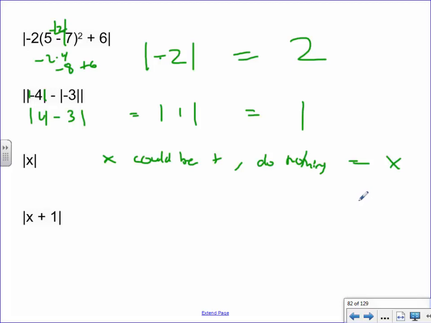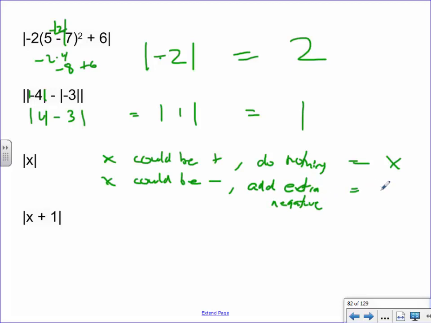This is the one that usually loses kids. But what if x was negative? X could be negative. What do you do if it's a negative number? You make it positive. But how do you make it positive? By adding an extra negative. So if x was negative, add an extra negative.